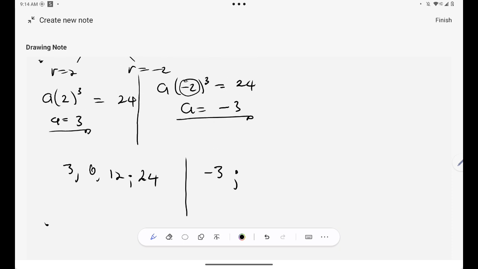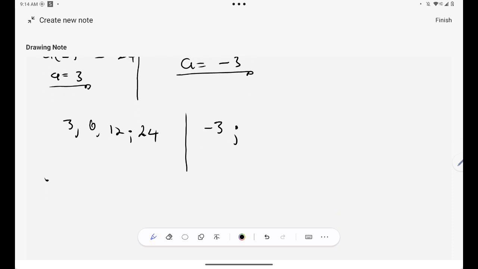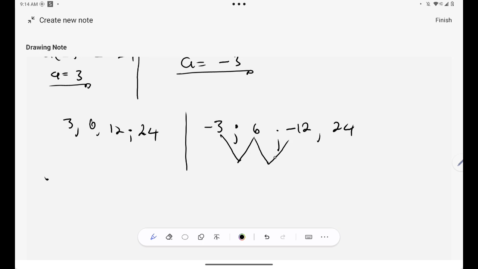That means my second term will be a positive 6. Then I'll have a negative 12. Then I'll have a positive 24 as well. Why? Because my r is negative 2. Here my r was 2. For me to find the next term, I must just keep on multiplying by the common ratio.